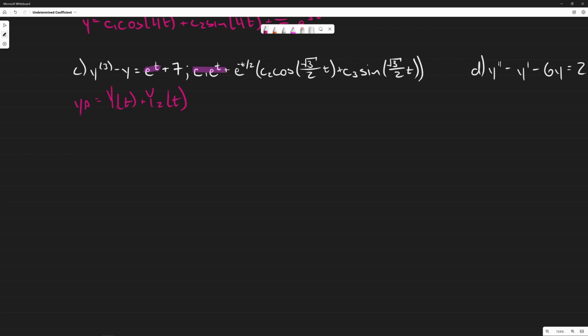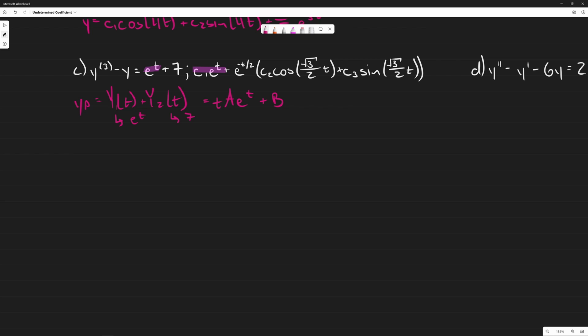Our Y1 will just be the e to the t portion, and Y2 would just be the 7 portion. So our particular solution is going to be equal to t a e to the t plus b.